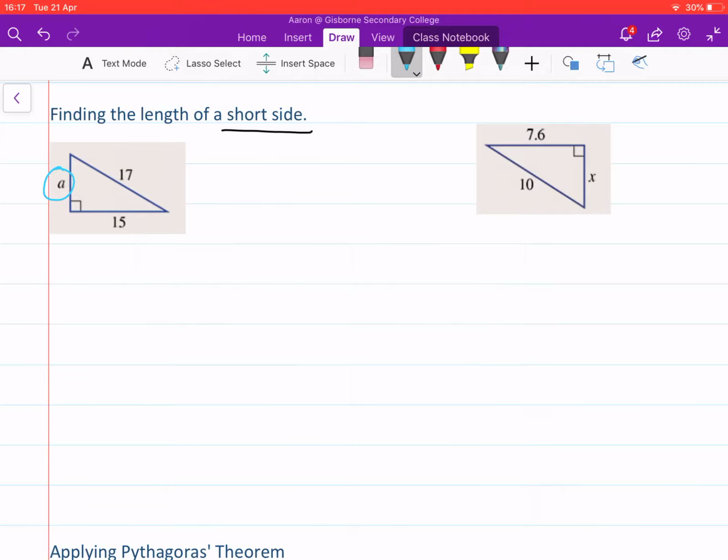So remember, we start with A squared plus B squared equals C squared. And first thing we want to do is substitute our values, so 17 and 15, into the equation.